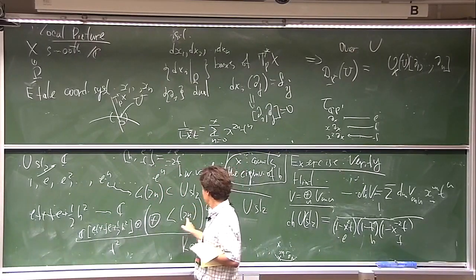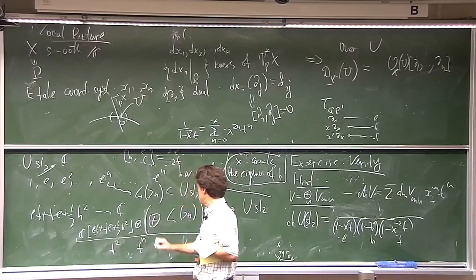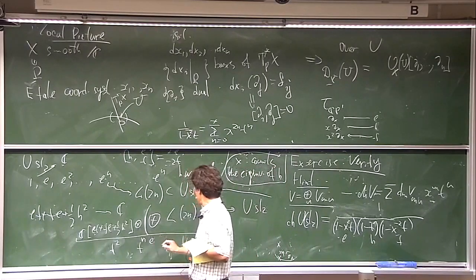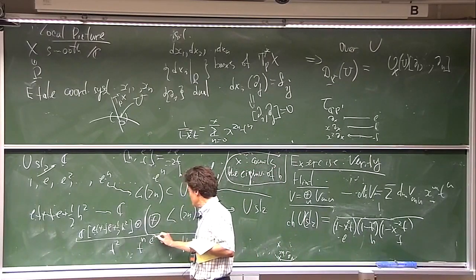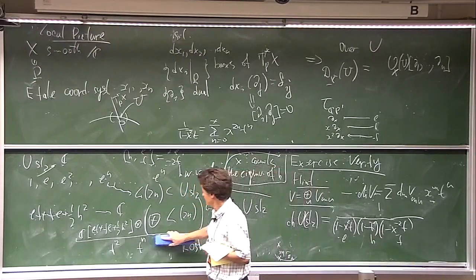For each n, you will have what? E to the n, so it's t to the n. And then the character of this module would be x to the 2n plus 1. No, it's not that.